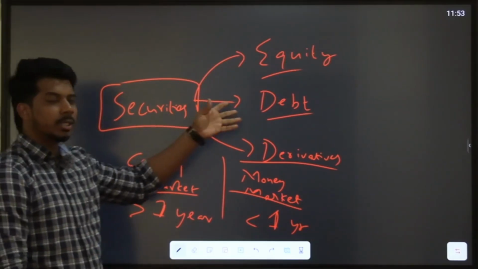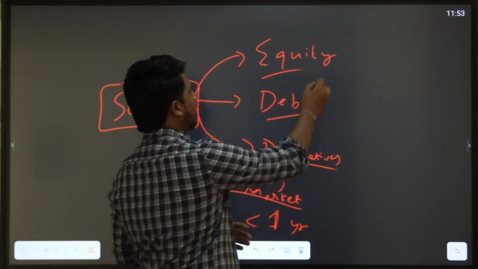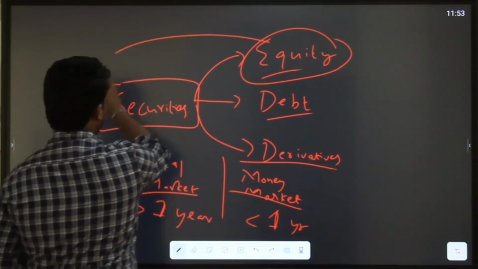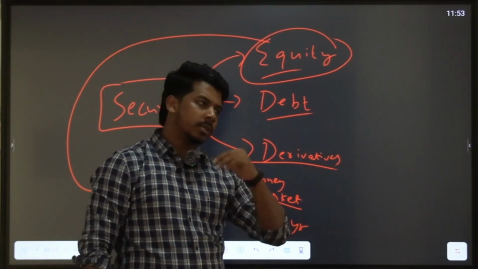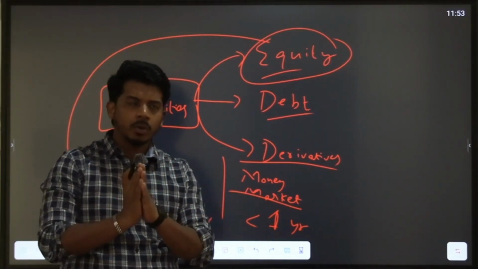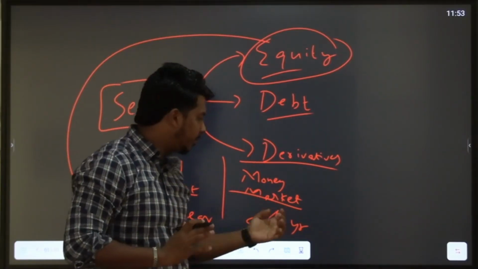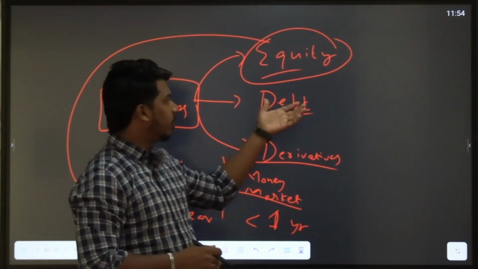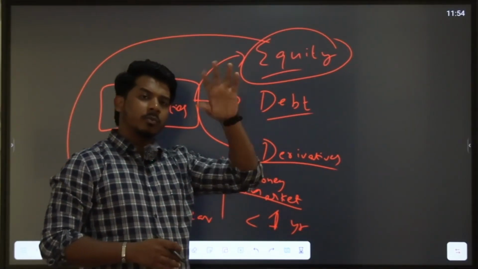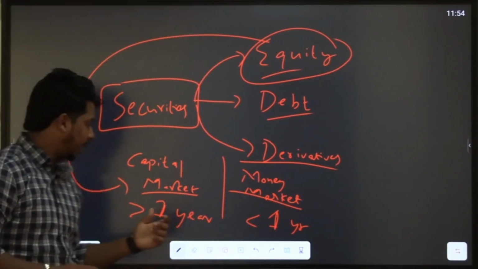Ownership has no 1 year, 2 year. Equity is completely under the capital market. Debts, loans you will be giving. Usually you can clearly say, I am giving you a loan only for 6 months. If I am giving money to someone only for 6 months, it's under the money market. If I am giving a loan to someone for 10-20 years, it is part of the capital market.